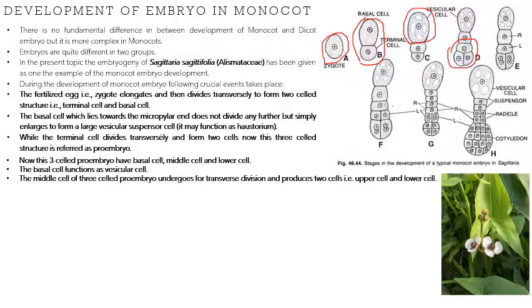The middle cell of the three-celled proembryo undergoes transverse division and produces two cells, that is, an upper cell and a lower cell.